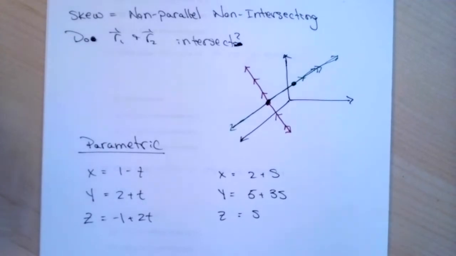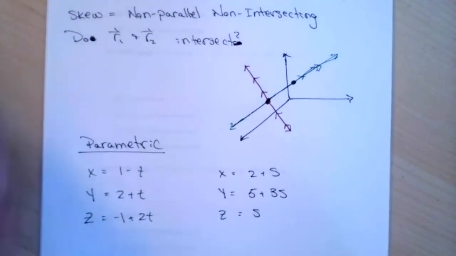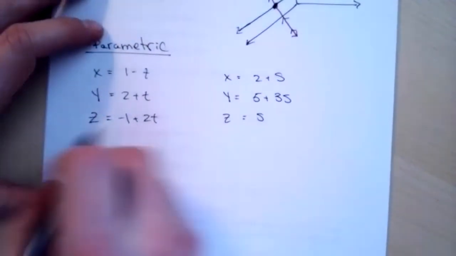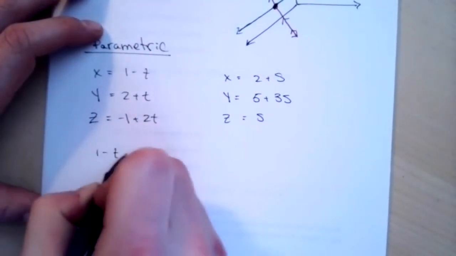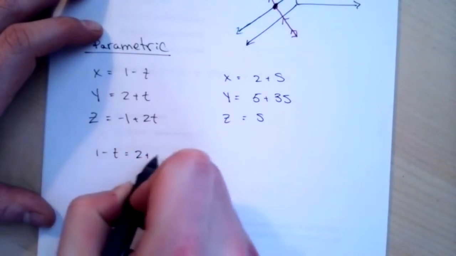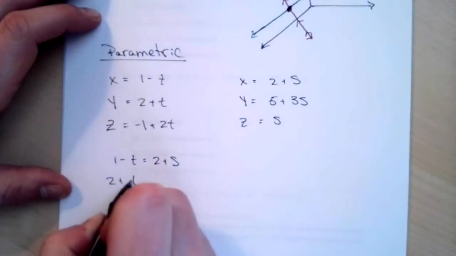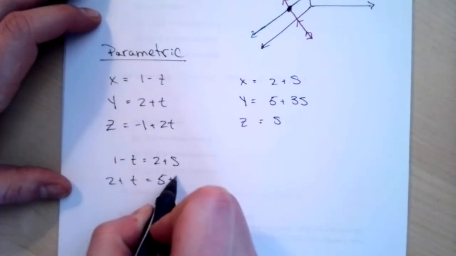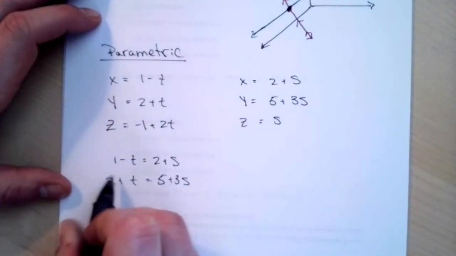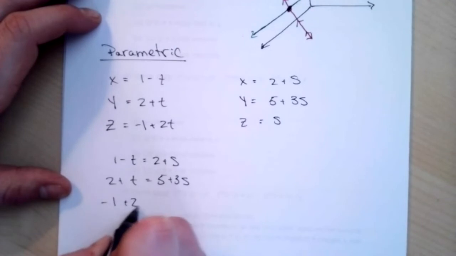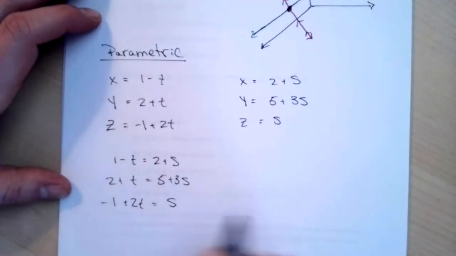And so what do we want? We want the x's, y's, and z's to be equal to each other. So we simply set those equal to each other. We'll get 1 minus t is 2 plus s. We'll get 2 plus t is 5 plus 3s. And our z coordinate, minus 1 plus 2t, is equal to s.